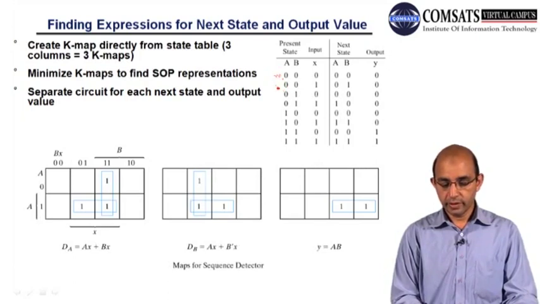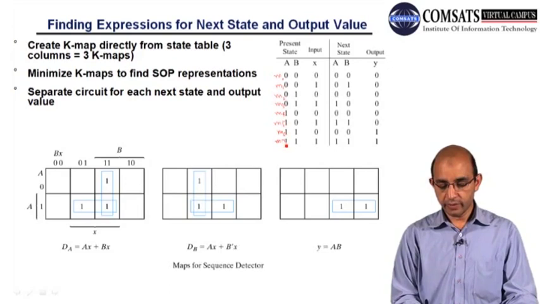So this is M0, M1, this is M2, M3, M4, M5, M6, and this is M7.